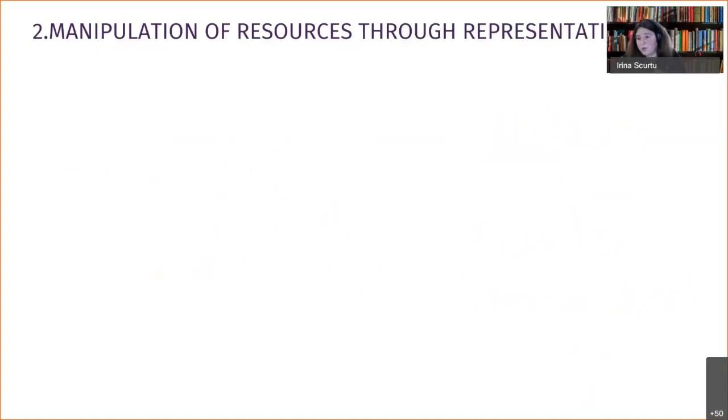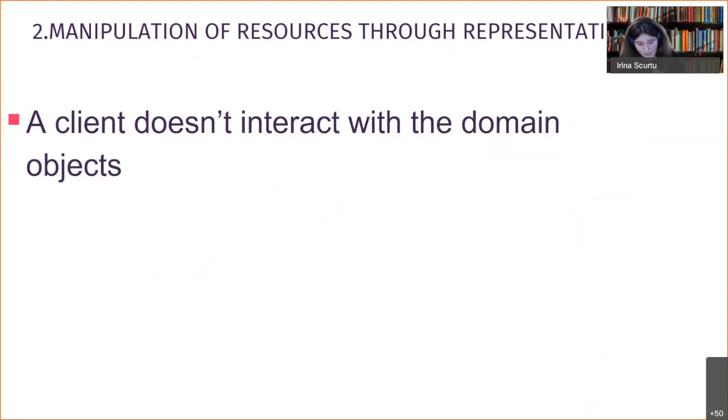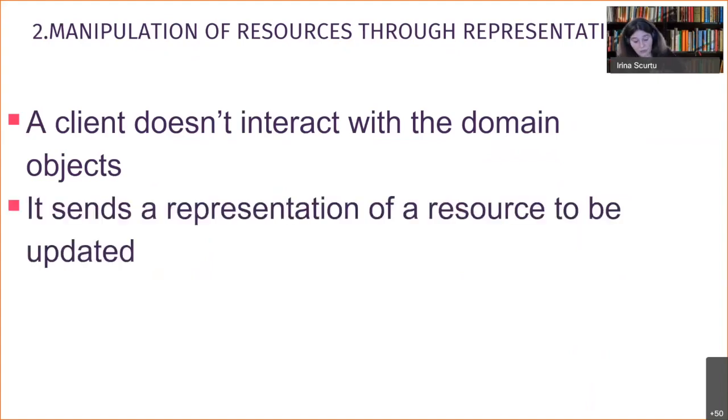So how do you manipulate resources through representations? Because the client shouldn't interact directly with the domain objects. It will send representations of the resources to be updated, for example. And how does it do that? Well, in REST, everything should be self-descriptive.